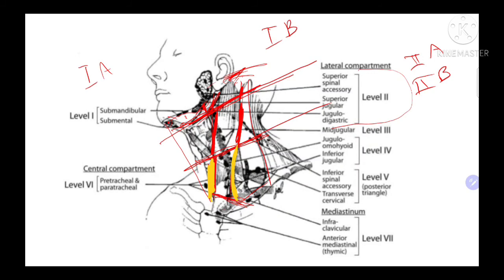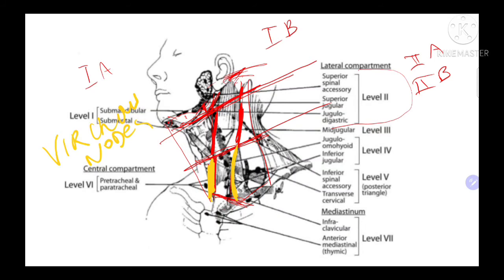The lymph nodes we're going to have there are the supraclavicular nodes, and also we're going to have one very important node, the Virchow node. Why is the Virchow node important? Because in this node we're going to find some pathology.